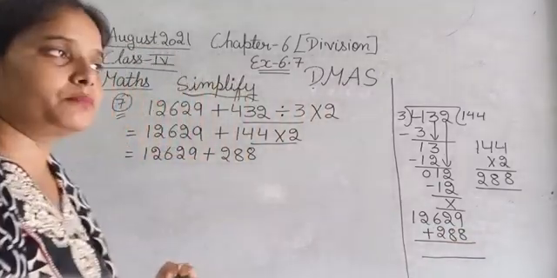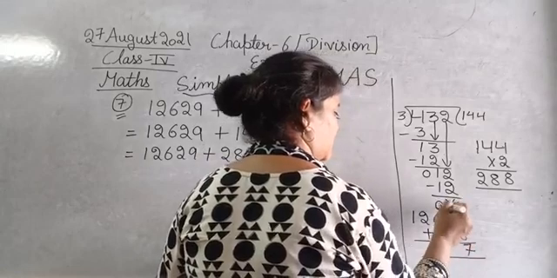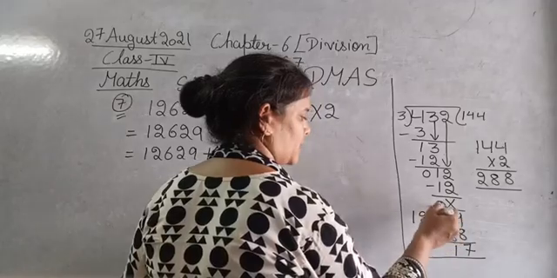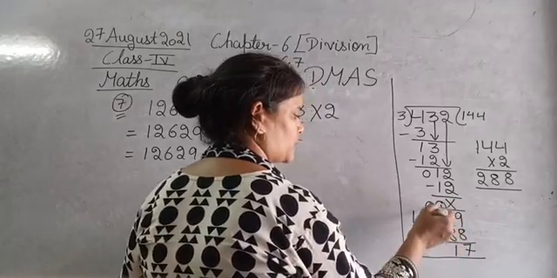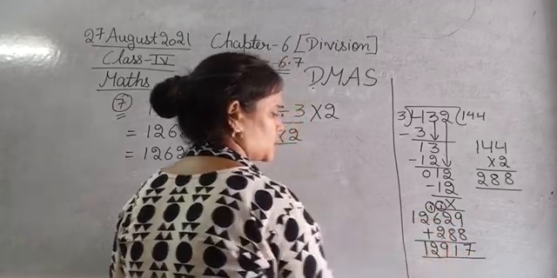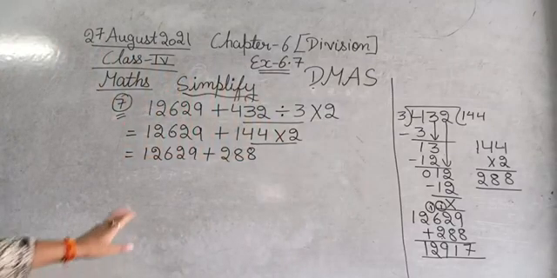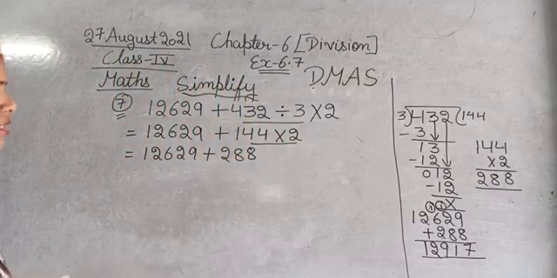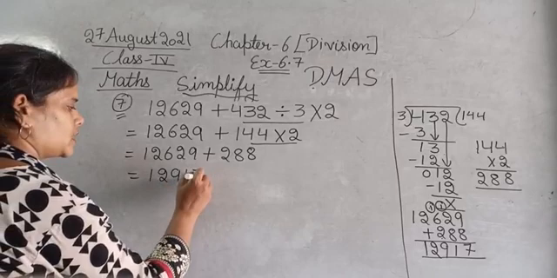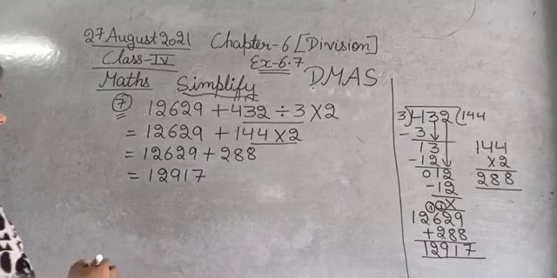So let's add them. 9 plus 8, 17. 1 will be carried above. 8 plus 2, 10 plus 1, that is 11. 6 plus 2, 8 plus 1, this is 9. This is 2 and 1. So after adding 12,629 with 288, we got 12,917.